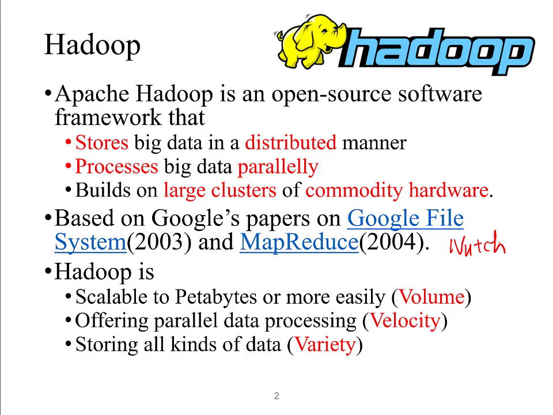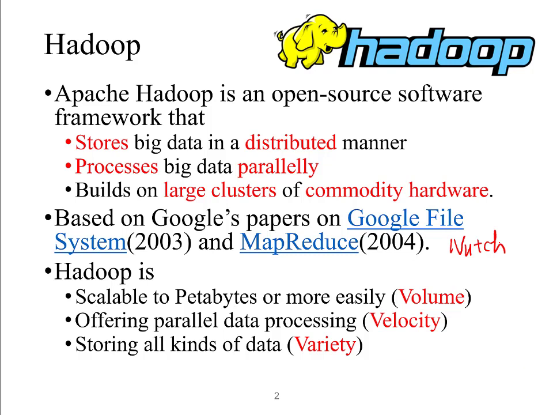So in 2005, Nutch used GFS and MapReduce to perform operations. And in 2006, Yahoo created this project called Hadoop based on GFS and MapReduce, with Doug Cutting and his team.